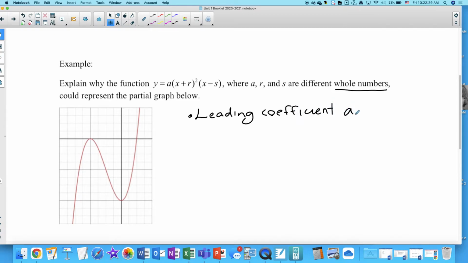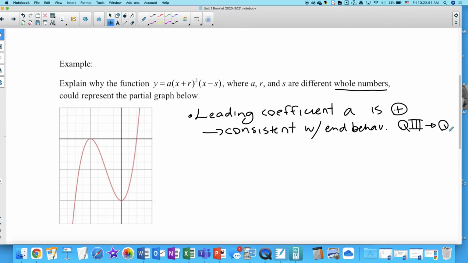And that's consistent with the end behavior that we see in the graph. And the end behavior is quadrant 3 to quadrant 1. Okay, so that connection makes sense.